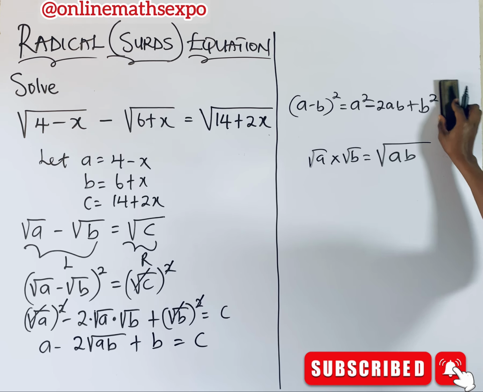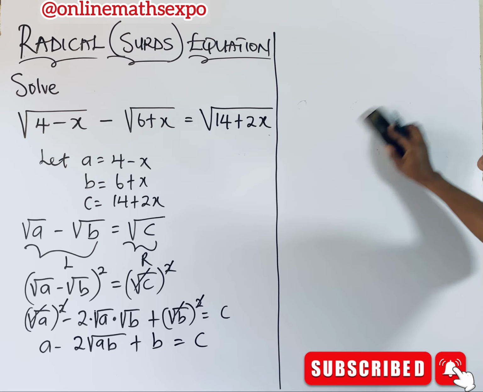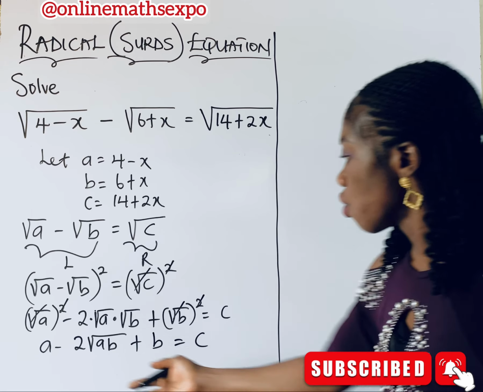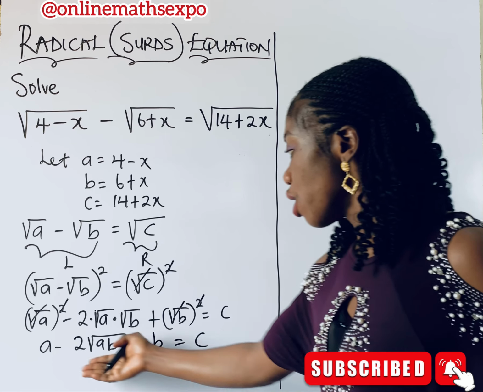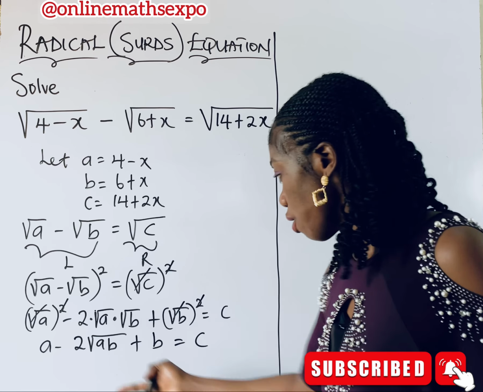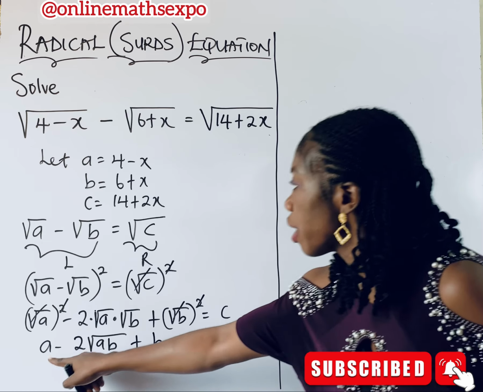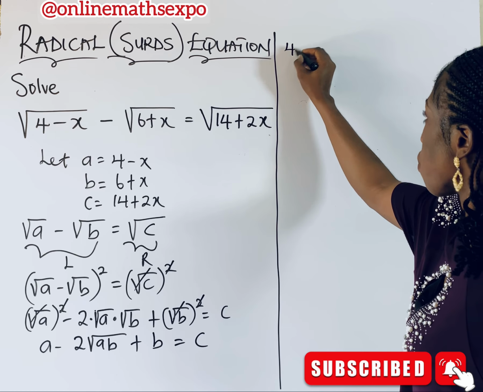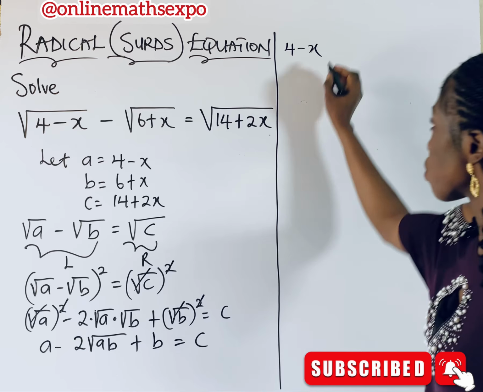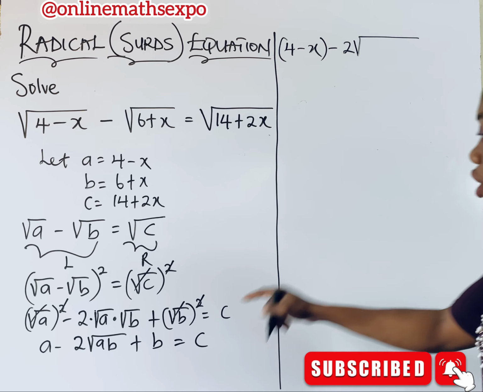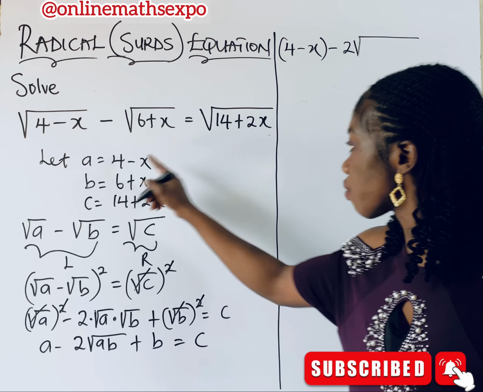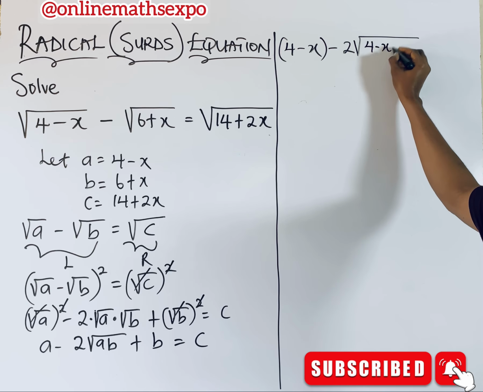Did you see that? So what do you think you should do here? The next thing to do is, at this point you can choose to return your values for easy simplification. So remember your A is 4 minus x, minus 2 in bracket root. What is our A? Our A is 4 minus x.